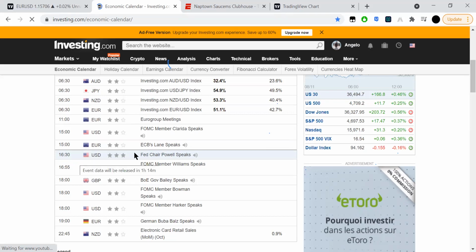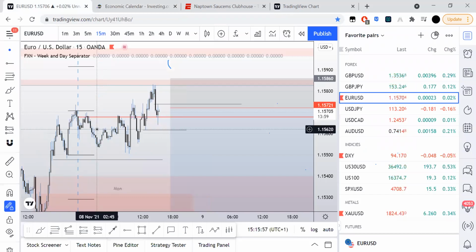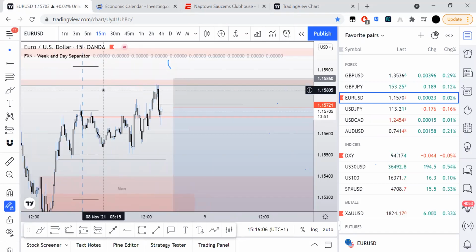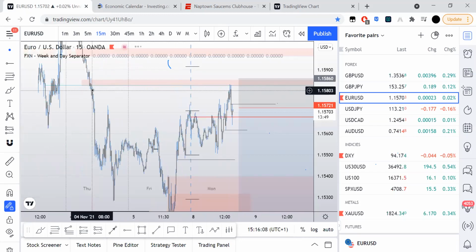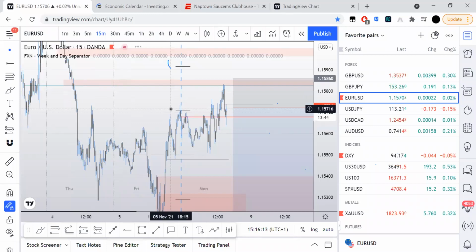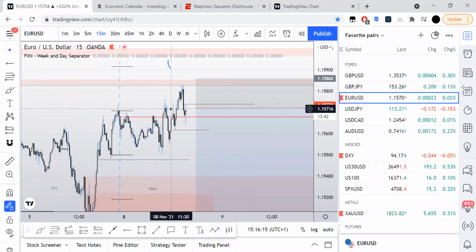You still got ECB, whoever this is speaking. So the question is, is this high gonna hold? There's some confluence in here for it to hold and then possibly drop. I'm gonna wait for extra confirmation.